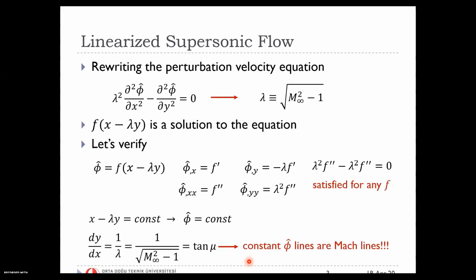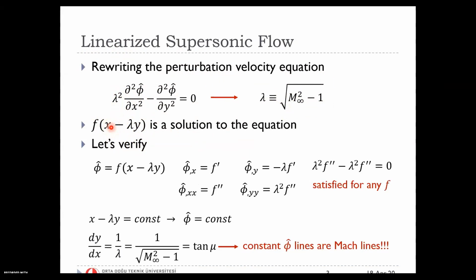Okay, let's look at our partial differential equation again, and let's reorganize it such that we have lambda squared being Mach infinity squared minus 1, and then let's assume that a function of x minus lambda y is a solution to the equation.